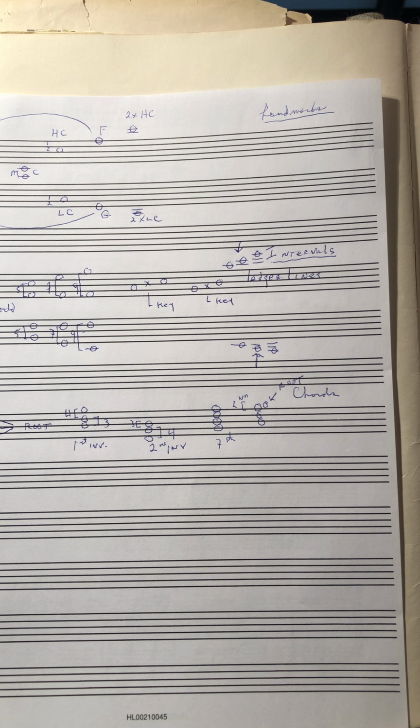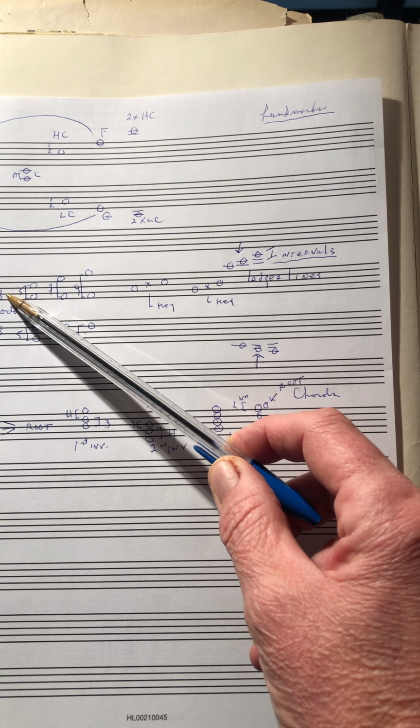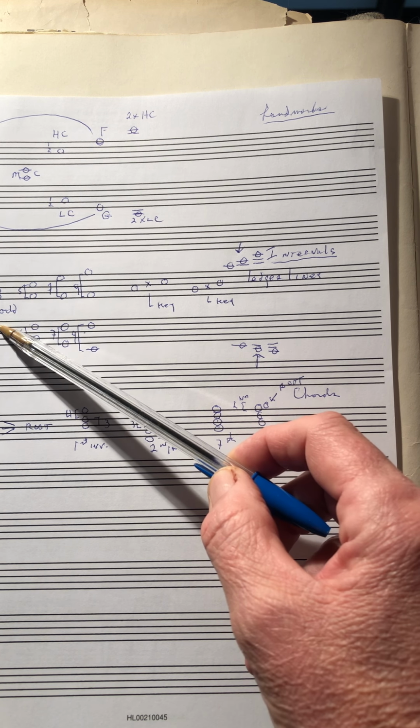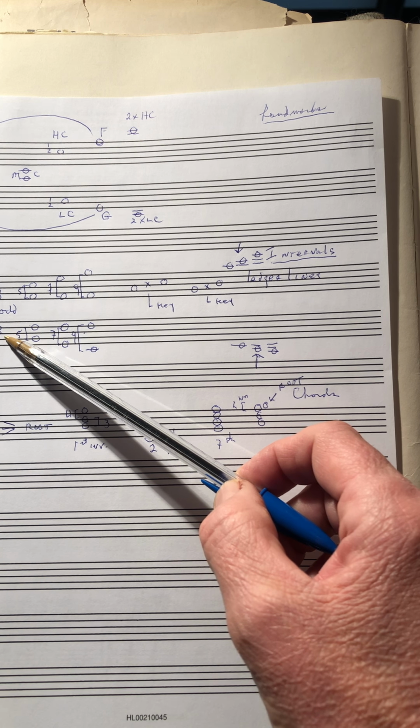So the next thing we're going to talk about are intervals. Composers tend to think in chords, and chords are made up of thirds. And thirds are odd numbers. So we're going to look at how music graphically expresses thirds. If you go from a space to a space, or a line to a line, you've got a third, okay?